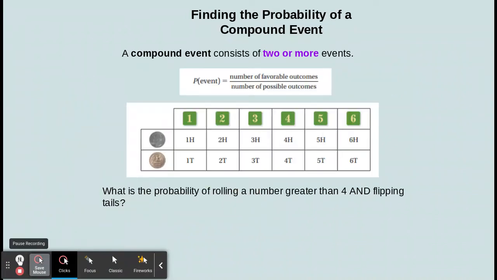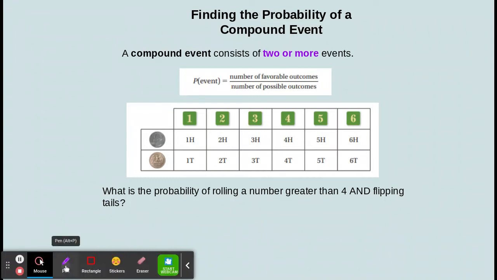All right. We are going to use that information, the sample space, or finding the possible outcomes, to help us find the probability of a compound event.